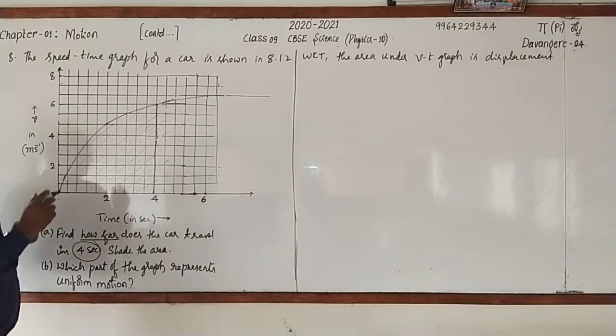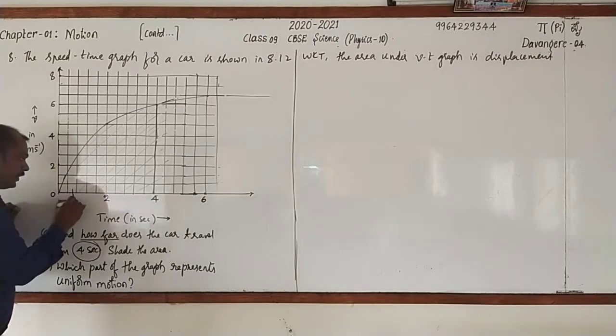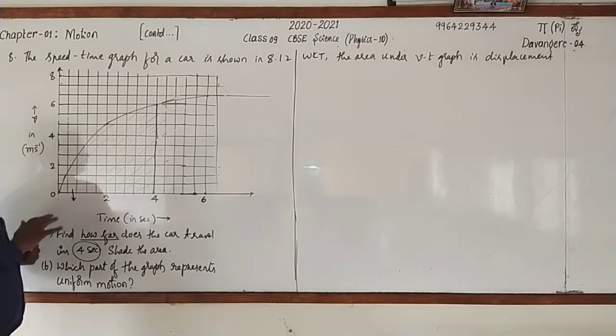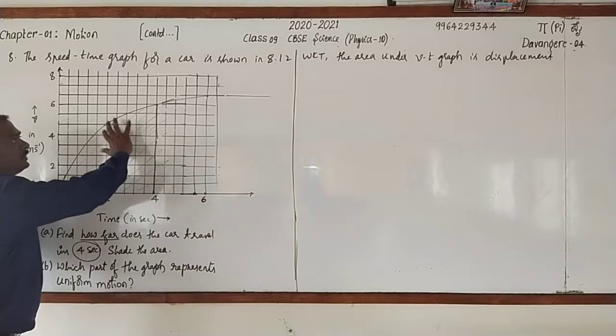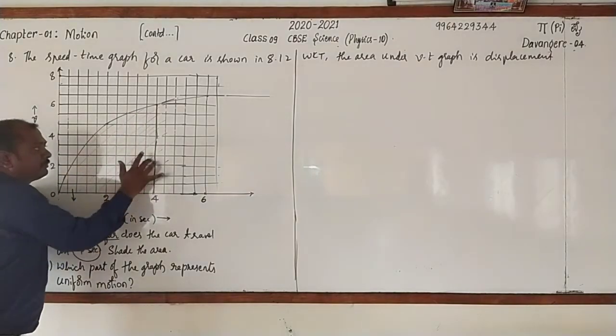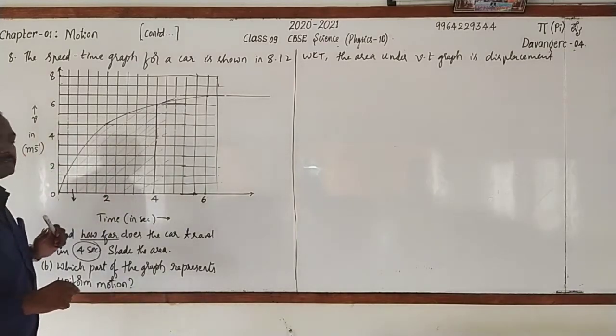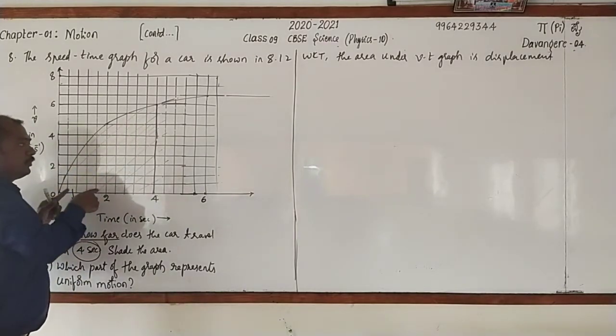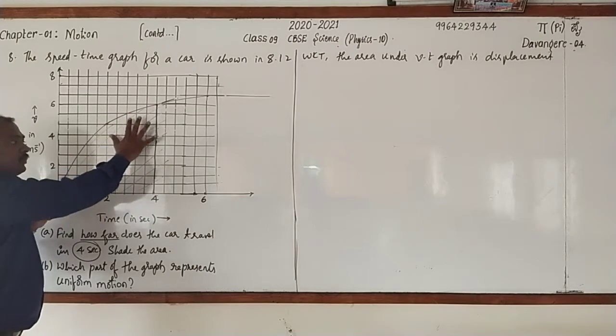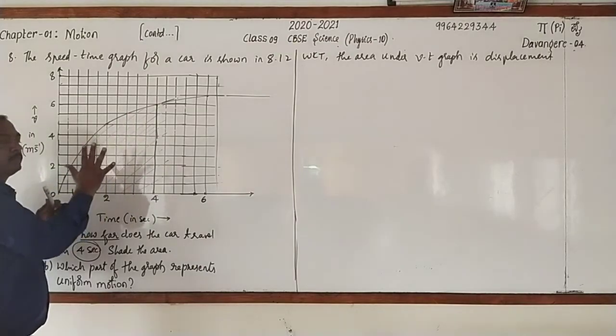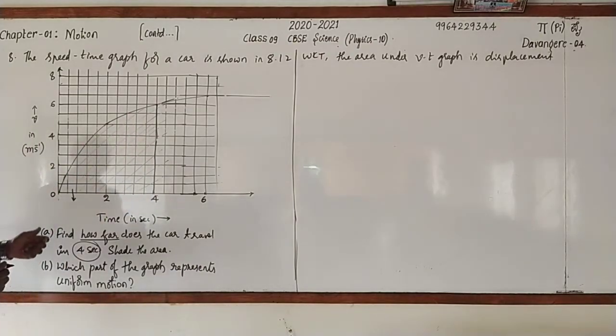Let us go for finding the area of one box, because this area includes some number of boxes. Area of one box into number of boxes is equal to the area of this shaded part, which represents the distance.